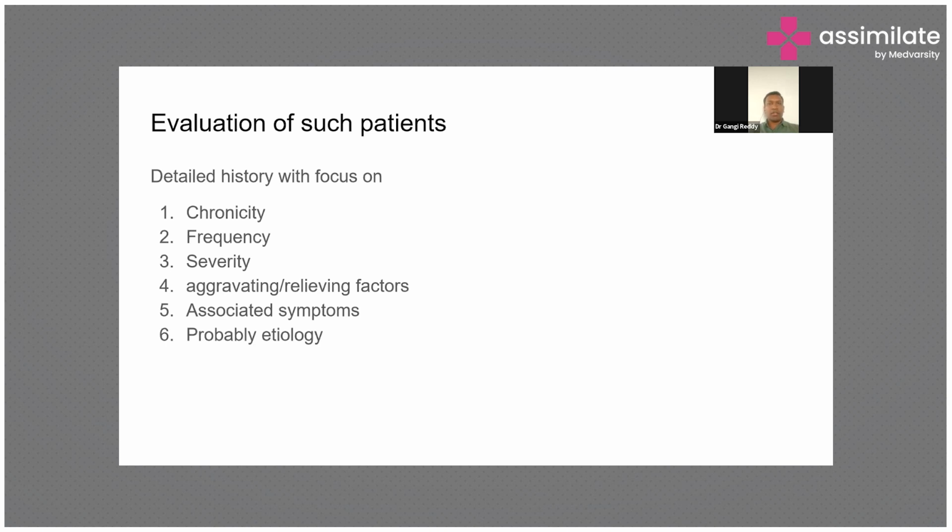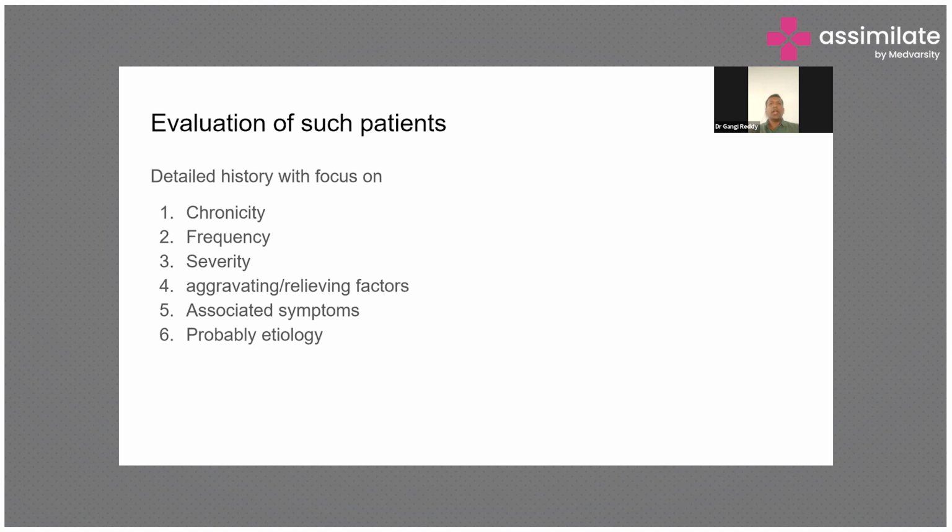Likewise, severity of the illness. Has the asthma been severe all throughout, or is it happening in phases? And we also should understand if there are any aggravating or relieving factors.